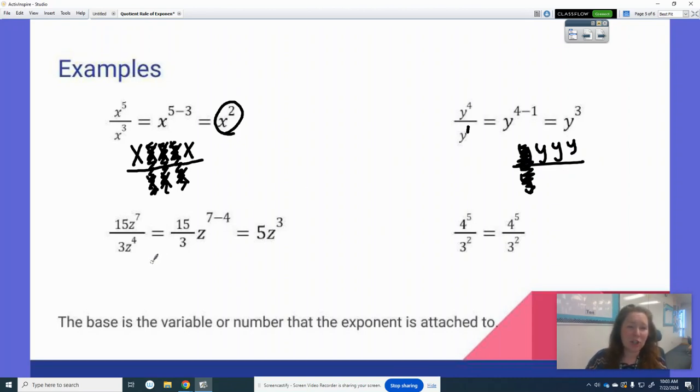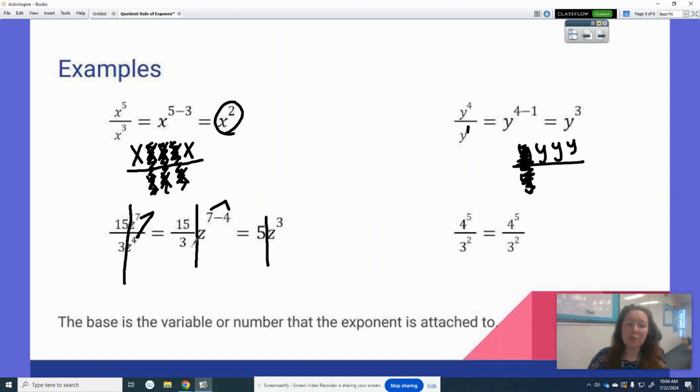Now we have something a little more challenging. We need to separate this into 2 parts. We're going to separate this into the fraction 15 over 3, or the division problem 15 divided by 3, and the fraction, or the quotient, z to the 7th over z to the 4th. So here again we have those split into 2 things, and here's our shortcut. We subtract the top one minus the bottom one, 7 minus 4, to get z to the power of 3.